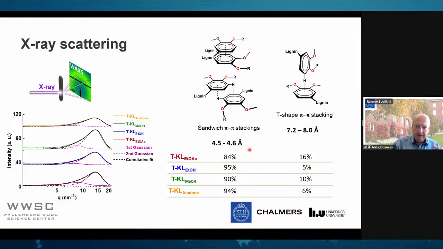What we can see is that depending on what type of lignin fraction we start with, we have different relative amounts of this. Going down to the smallest molecular weight, we got less of this pi-pi stacking in comparison to the other ones. And this correlates to some extent to the difference in mechanical properties. So this could be one of the parts.